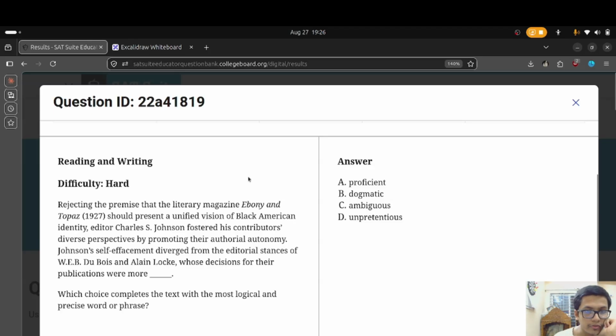Okay, now we need to understand this question. Okay, first sentence. The literary magazine should present a unified vision of Black American identity. Fostered his contributors' diverse perspectives by promoting their authorial autonomy. So Johnson's self-effacement diverged from the editorial stances.